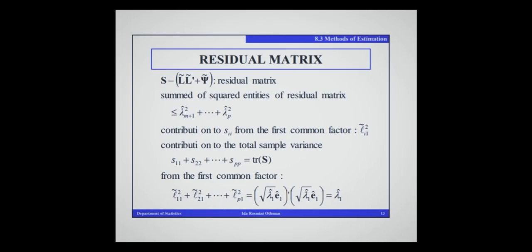This one, L11 square, L21, ini untuk factor. Bila you tambahkan all the square of the factor loading untuk satu factor, you akan dapat eigenvalue untuk first factor. Okay, alright, that is the additional information.